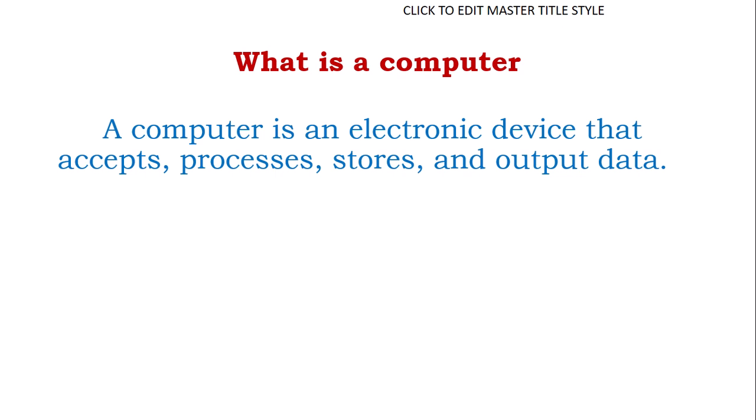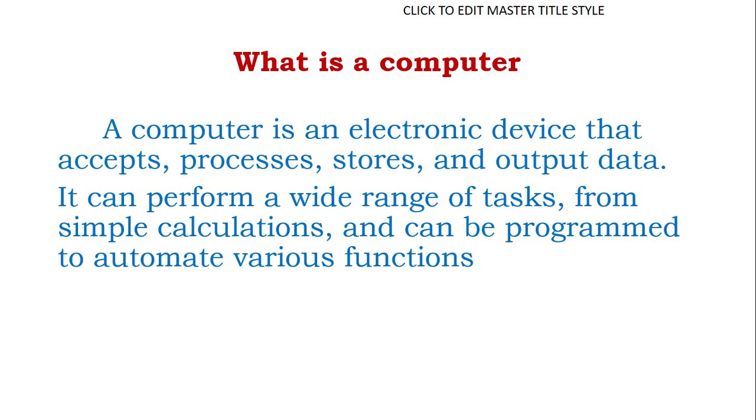Are we together? It performs various tasks, from simple calculations, and can be programmed to automate various functions. For example, you can do many things on the computer. I can be typing while I'm also listening to music. I can perform my calculations using a computer.